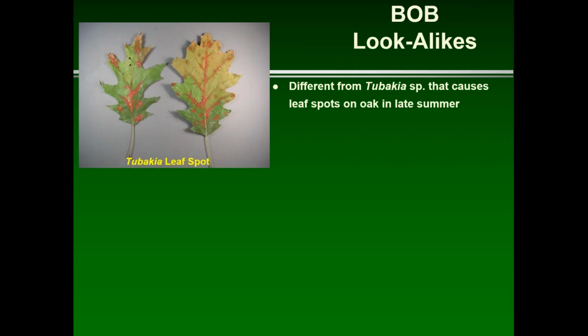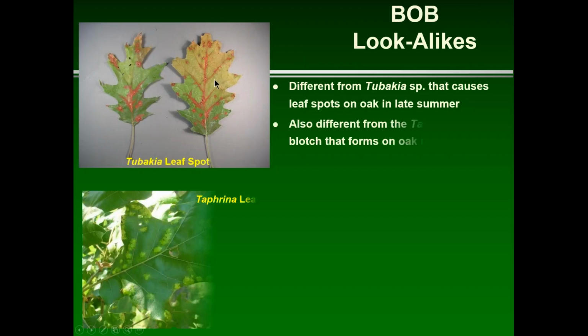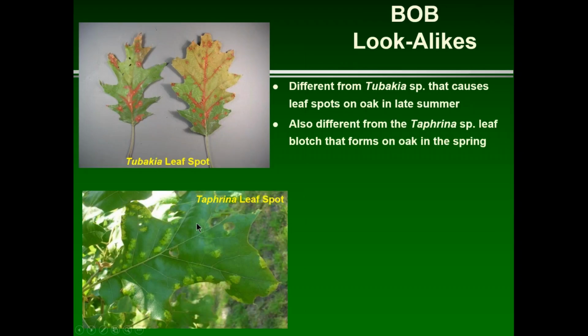And that is just that the BOB seems to be behaving differently than the foliar forms of Tubakia, and that led Dr. Harrington to wonder if we were dealing with the same disease. We also have the Taphrina leaf spot that will form on oaks in the spring.